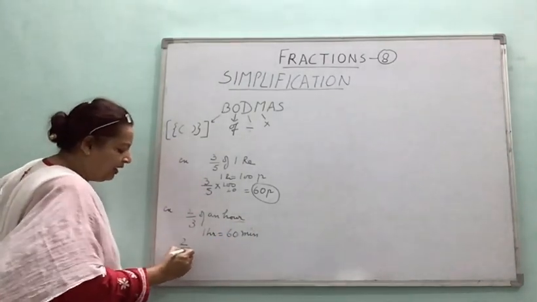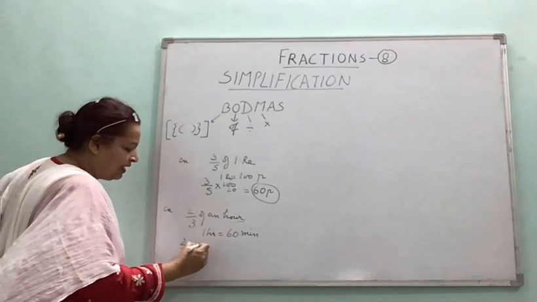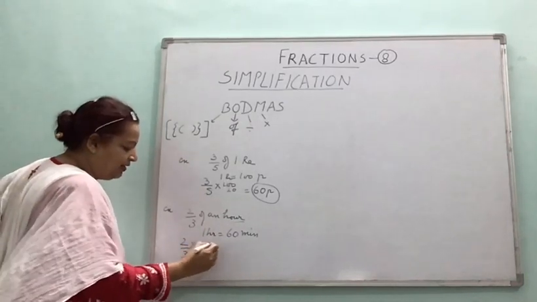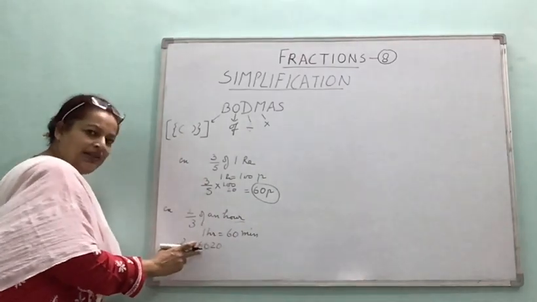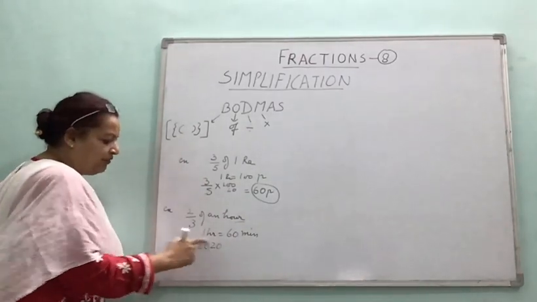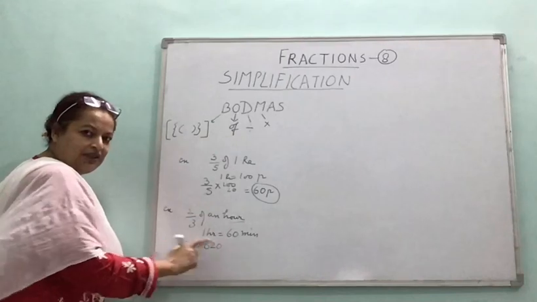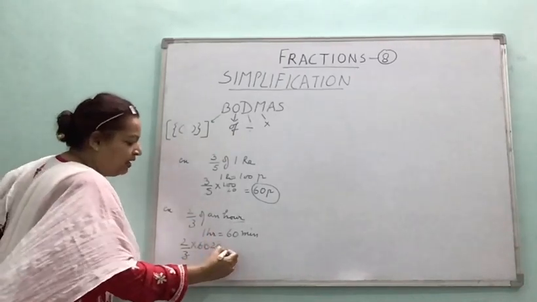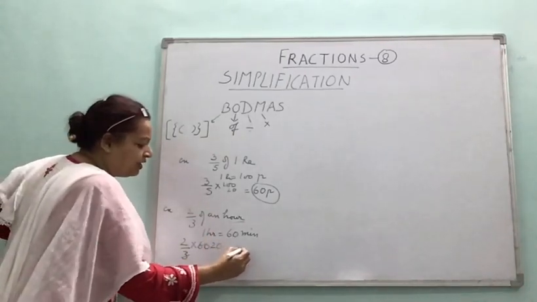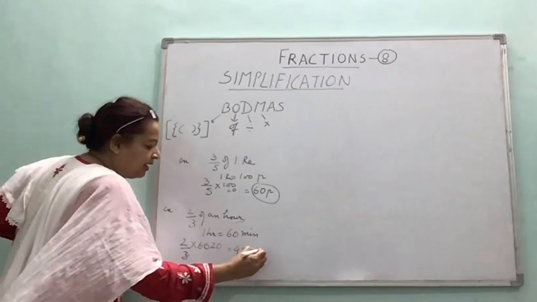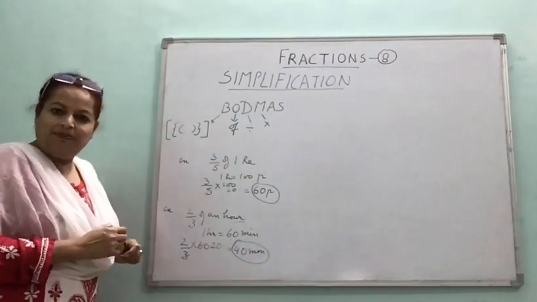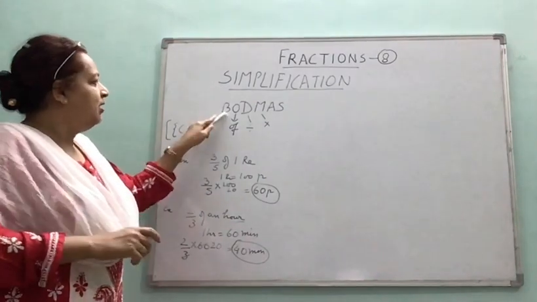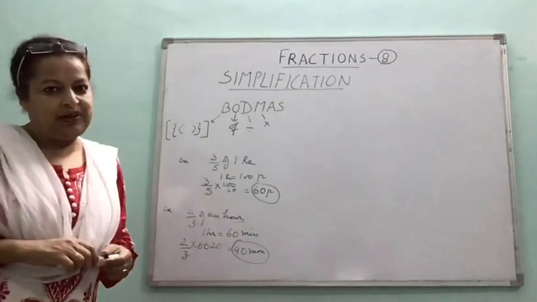So 2 by 3 into 60. This is reducible, children, can you see? 3 times 20 is 60. Now we have to multiply numerator with numerator, so it is 40 minutes. So 2 by 3 of an hour is 40 minutes. Like this, wherever of appears, we have to multiply the factors.